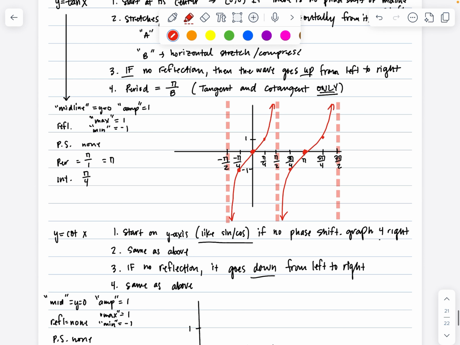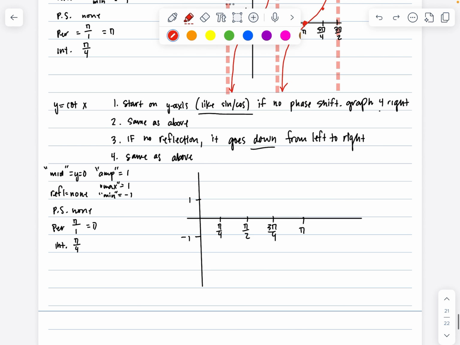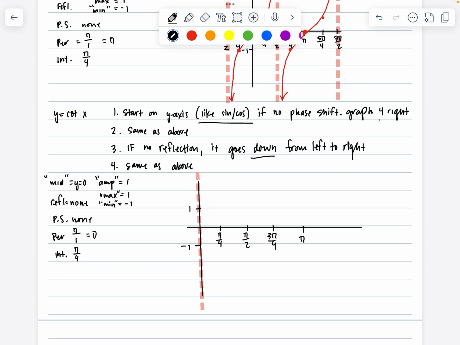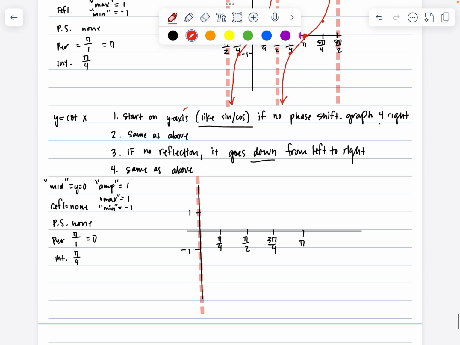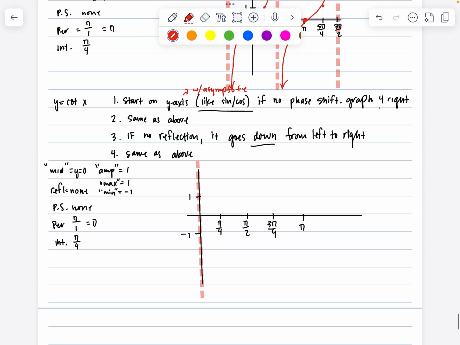Now, just like how tangent is, we always start and end with an asymptote. So we are starting with an asymptote. And I should probably put this here, start on the y-axis with an asymptote. Okay, so we should also end on an asymptote.